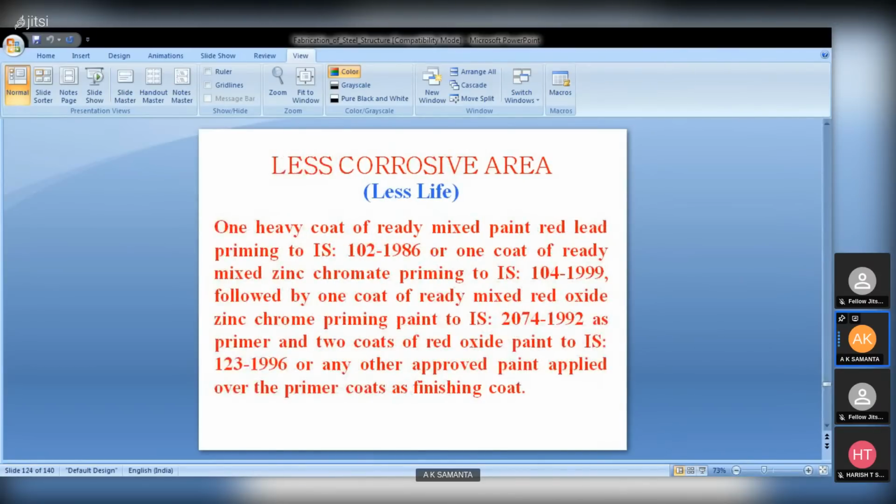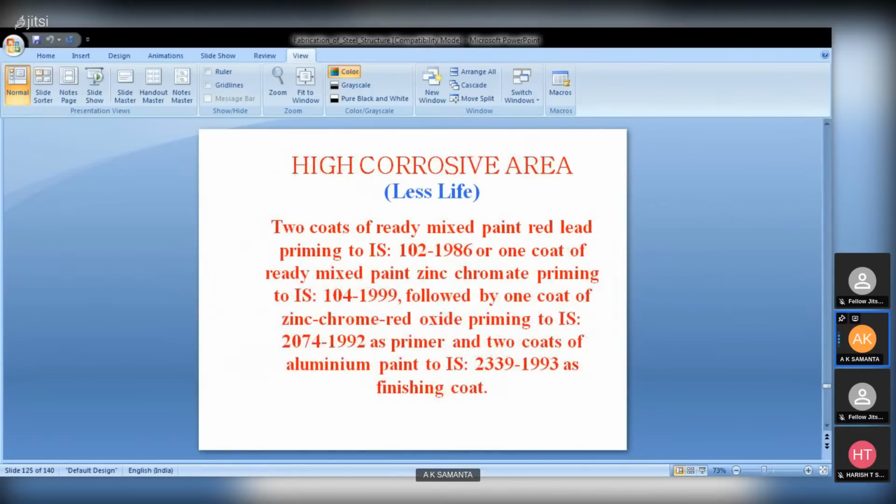If in the area where we are painting our expectation is for a shorter life, for suppose 3 to 5 years, then we can go for the priming followed by the red oxide painting. But where corrosion is not a very severe problem, but we are expecting a painting life of around 10 or 12 years, then our primer should be the zinc chromate primer followed by the aluminium painting, IS 2339. Nowadays, in most cases, our structures are painted with aluminium painting.